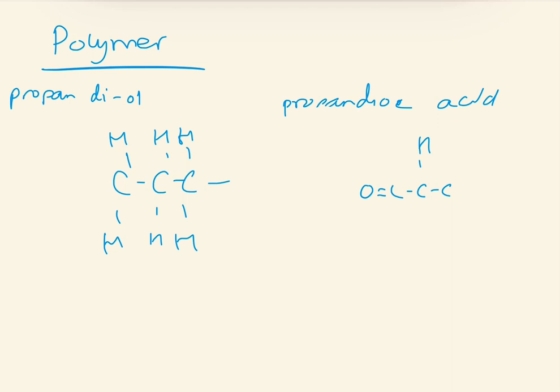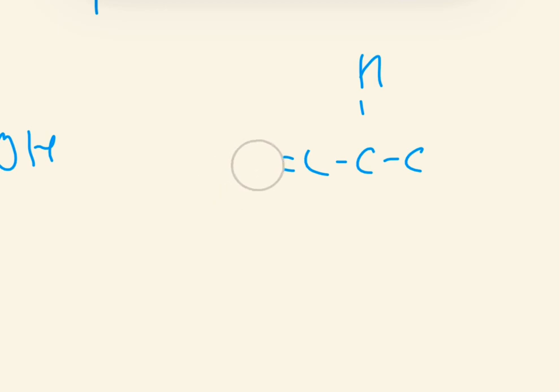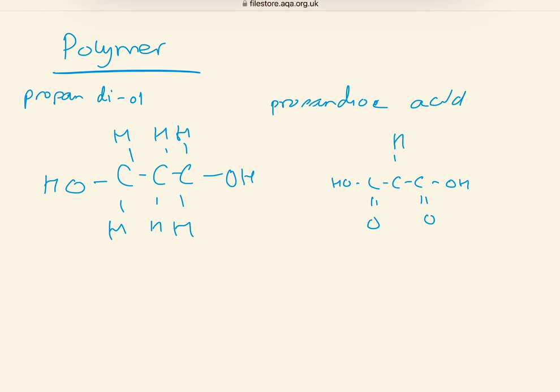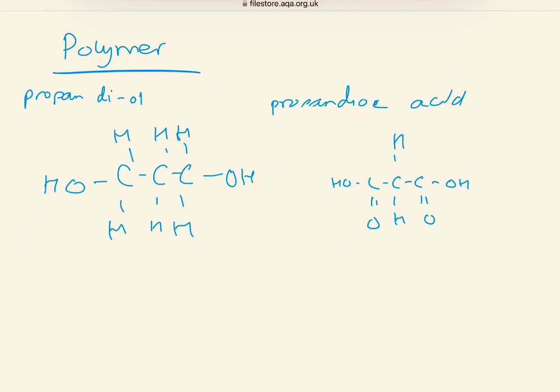So it's OH here. OH here. This one, we're going to do it a bit differently. We're going to do HO, OH, and those ones going down will be easier, okay? Then it will be easier.